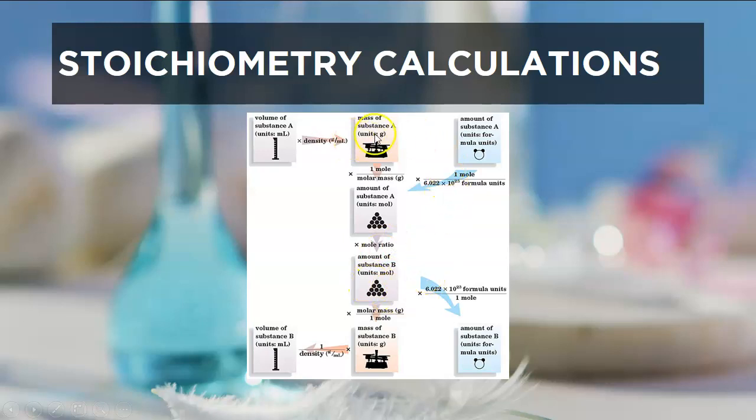I could also start at grams of substance A and determine how many moles of substance B I have. Or I could start at moles of substance A and figure out how many grams of substance B I have. Or I could start at grams of substance A and go all the way through this and figure out how many grams of substance B I have.